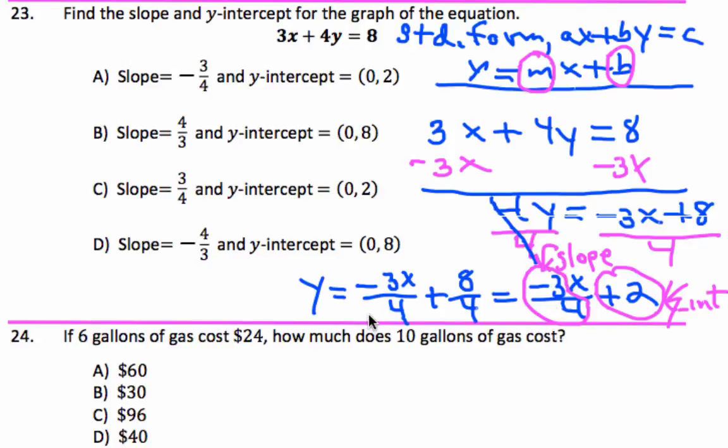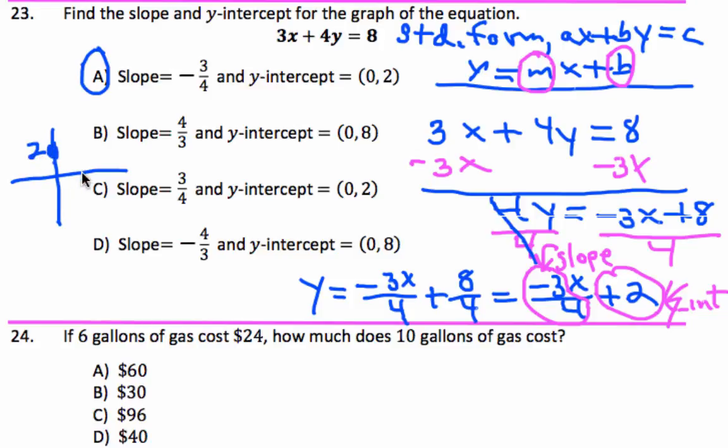So that means that the proper choice is choice A, which states that the slope is negative 3/4 and the y-intercept. Now they give the y-intercept as 0, 2. But keep in mind that that means that the point 0, 2 is right over here, right on the y-axis.